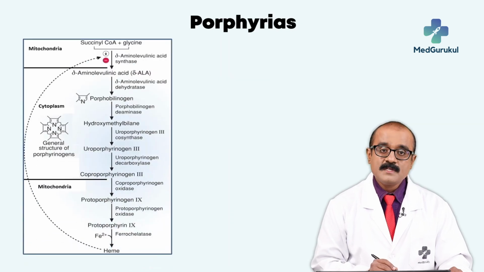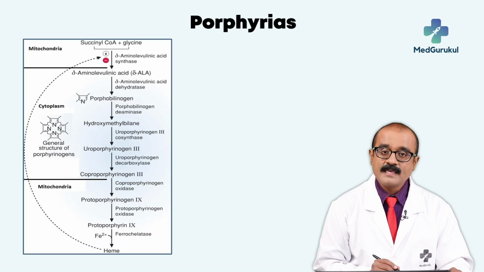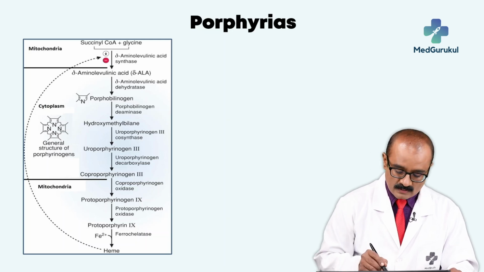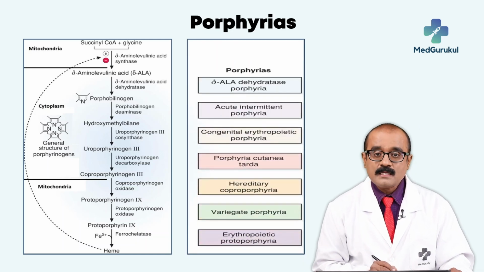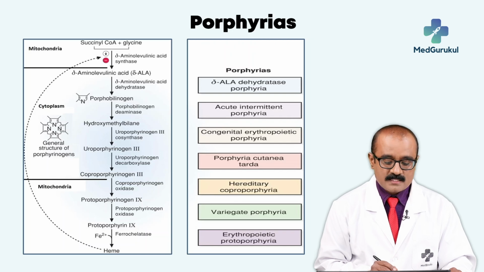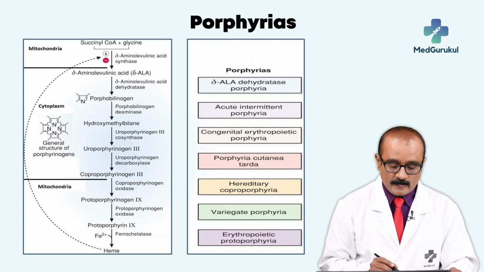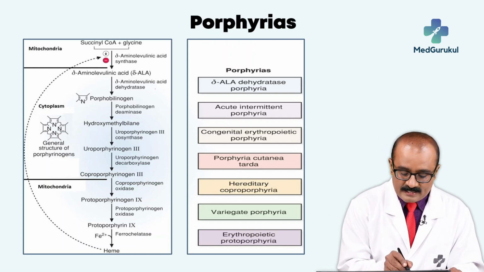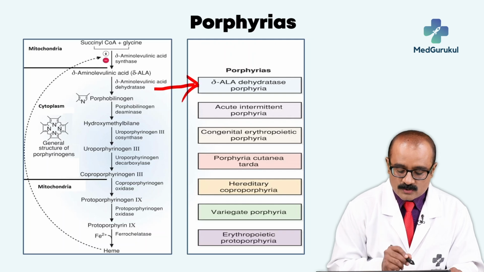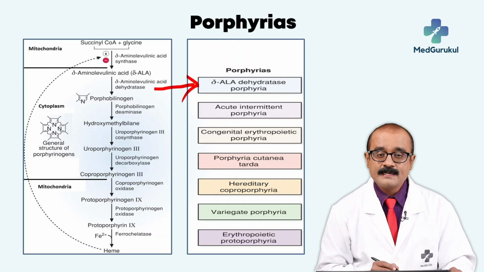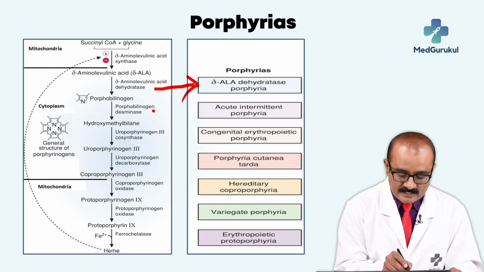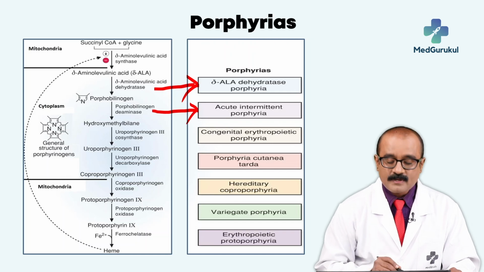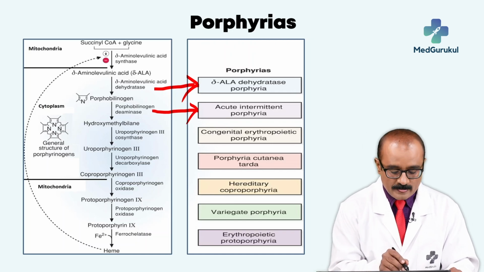So, we have discussed the steps of heme synthesis. Along with that, the relevant porphyrias or disorders, we will go through one by one. Delta ALA dehydratase: the porphyria associated is delta ALA dehydratase porphyria. PBG deaminase: acute intermittent porphyria.